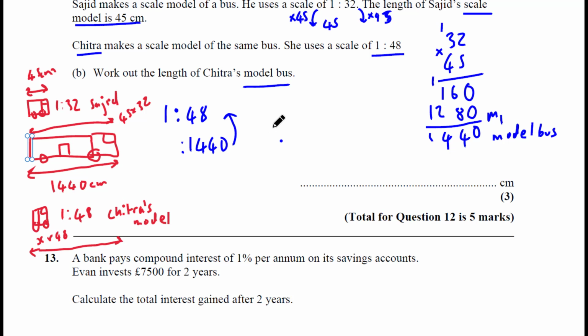So hopefully this makes it clearer to why we will need to do 48 into 1440. First step is I've got to do 48 into 144, which we should know is 3.